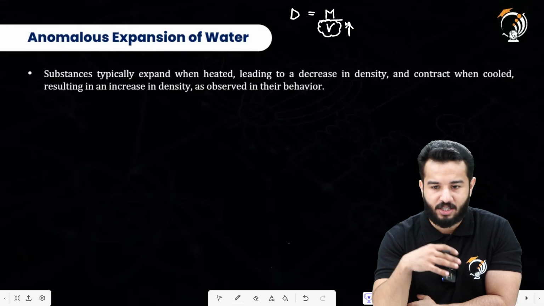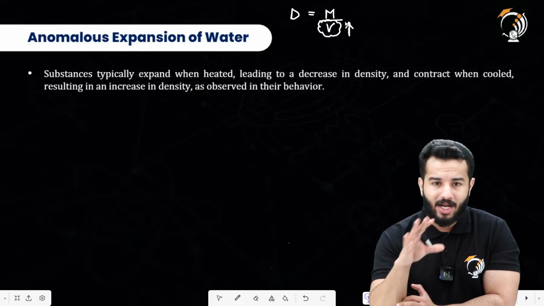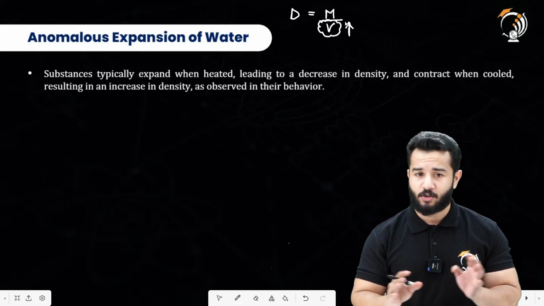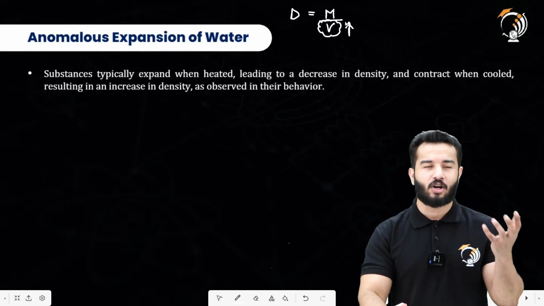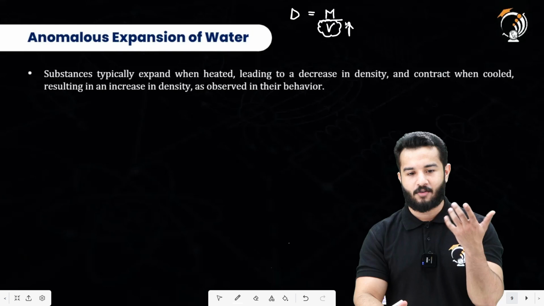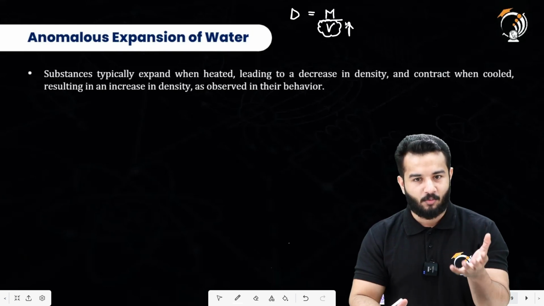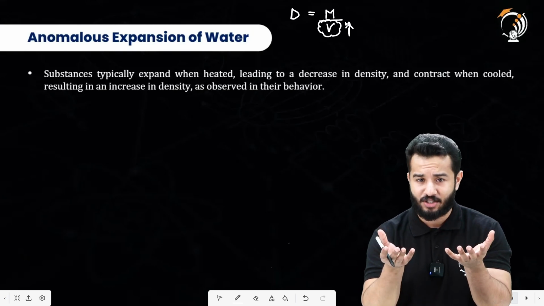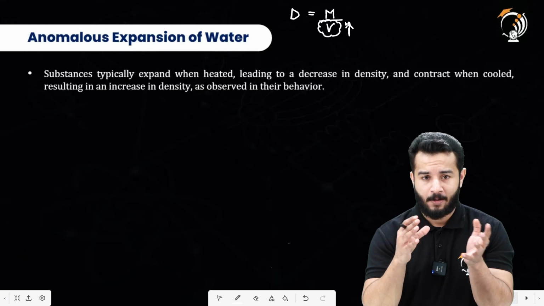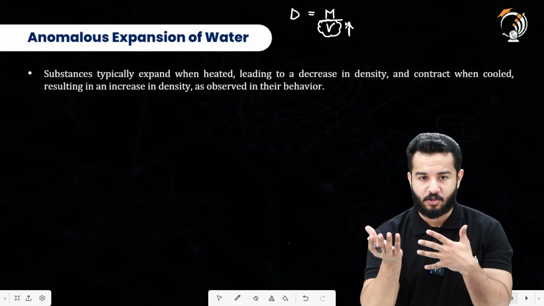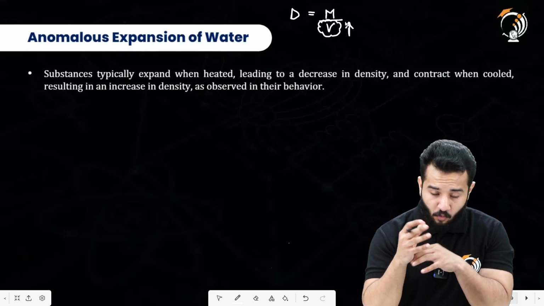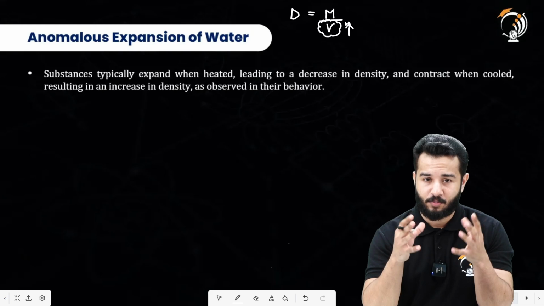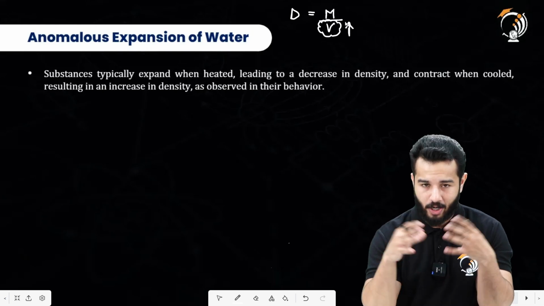Even if there is a change in state, we are going to assume that we are talking about an isolated system, and mass never changes. Let's not talk about whether, if we boil some water, the mass of the water changes. It does not. The mass of water is just the same. The state has changed from liquid to vapor, right? So if the volume increases and mass remains constant, the object becomes less and less dense on expansion.